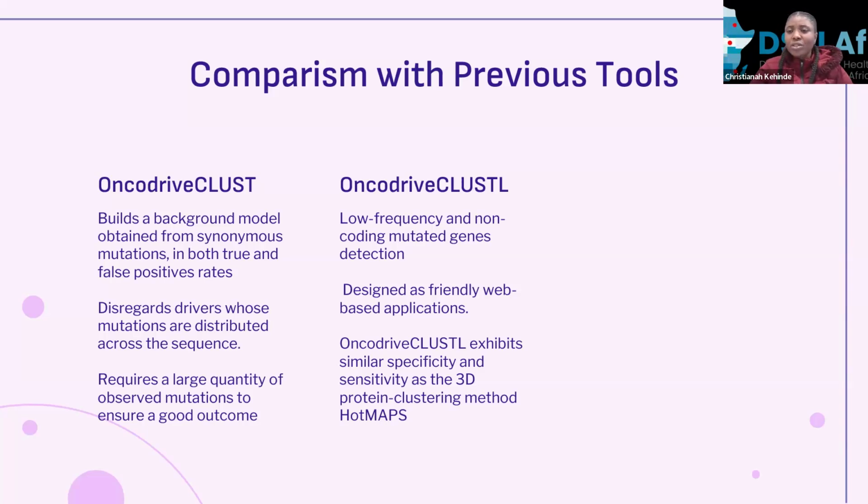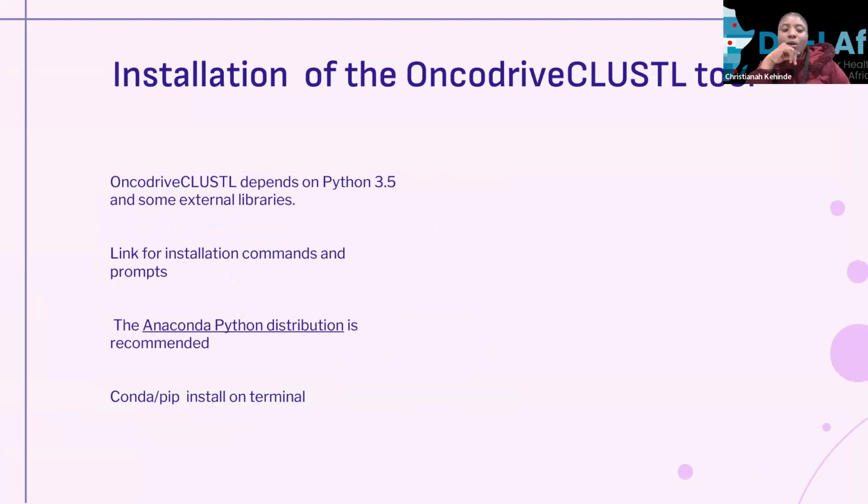So this tool is capable of identifying clusters in the truncating or silent mutations. In addition, the result of OncodriveCLUSTL complements other methods that are based on distinct signals of positive selection. Yeah, so we'll move now to the installation and implementation of the tool.